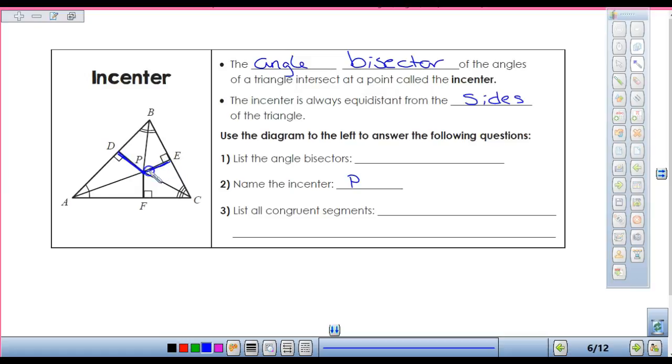Okay, so P, P, and FP. And what do I mean when I'm talking about an angle bisector? Bisects the angle, what does that mean? That it bisects the angle. Cuts the angle in half, yep.